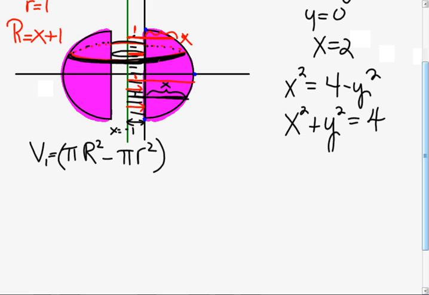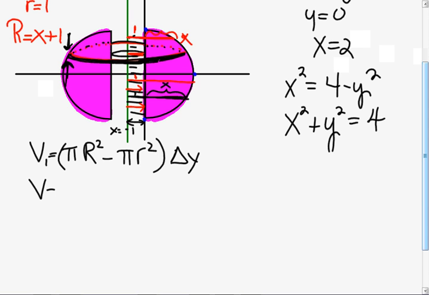Times what? What's the thickness here? Delta y. You see that this distance right here is the change in the y values. That's delta x, that's delta y. But delta y is the little piece.